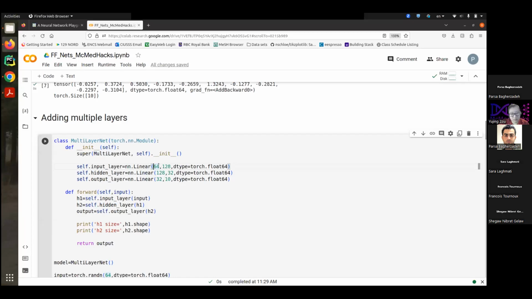These are hyperparameters, except the input and the output. The values that I have here are totally arbitrary and need to be selected during the design of your model as hyperparameters, because your input size is fixed.